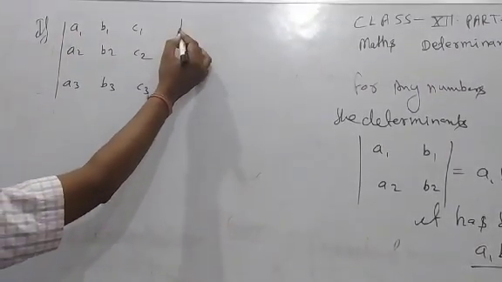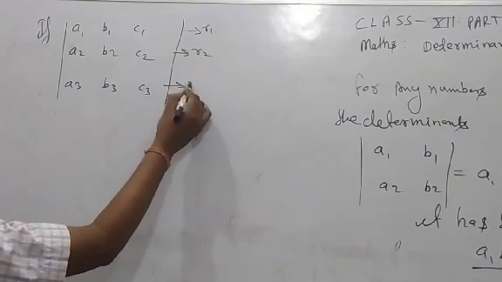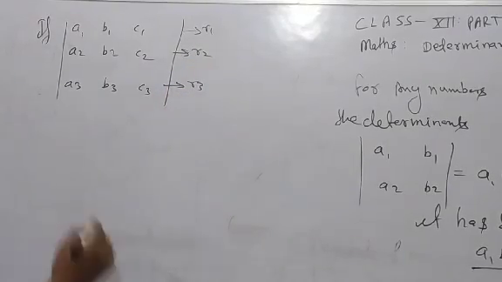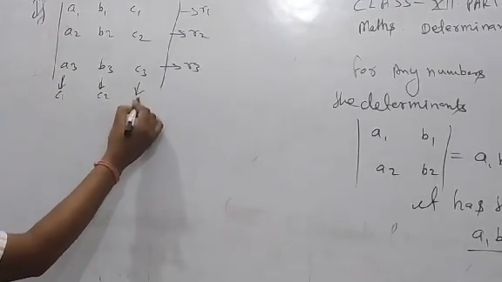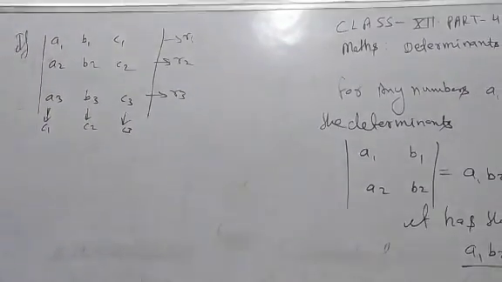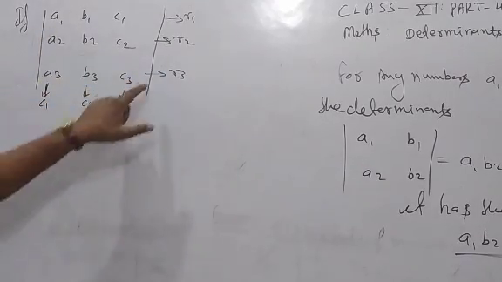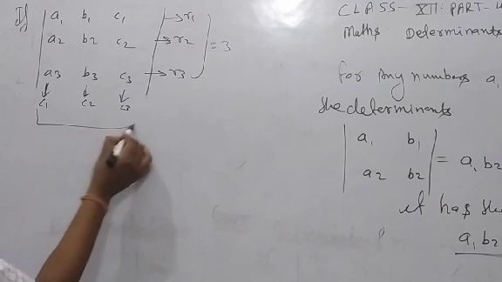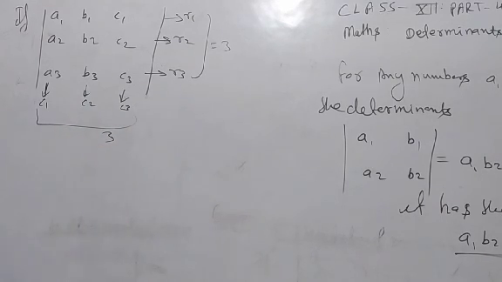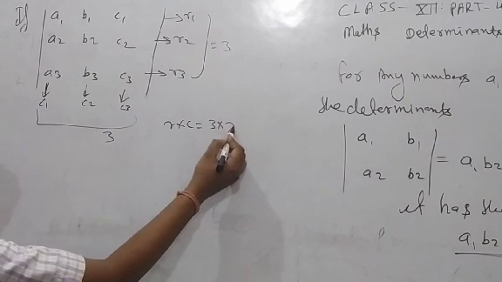First row, second row, and third row. Here first column, second column, third column. What is the total number of elements? 3 into 3. Number of rows 3, number of columns 3, 3 into 3 is 9. Order is R into C, that is 3 into 3.